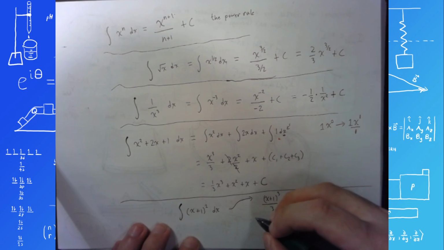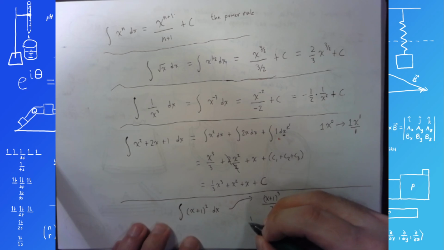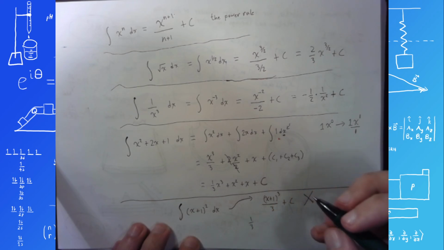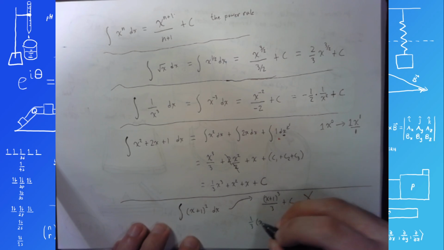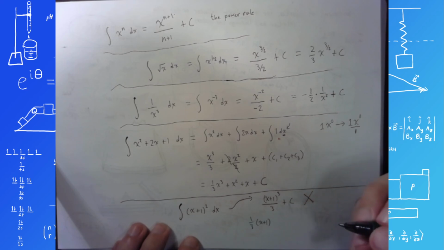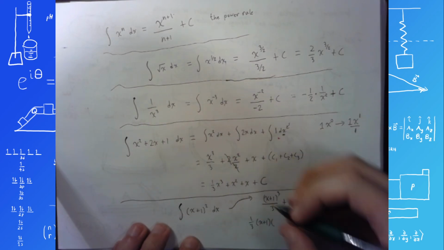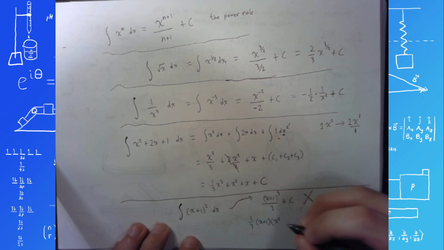So I'm going to have 1/3 and then x plus 1 cubed. Well, I can do x plus 1 times x plus 1 squared, and I already know what x plus 1 squared is. That's just x squared plus 2x plus 1, so saving myself a couple steps there.